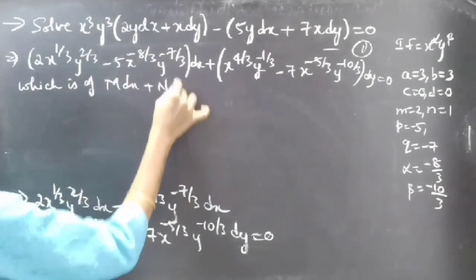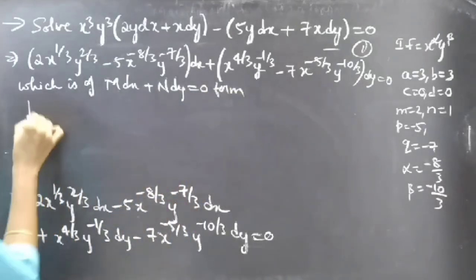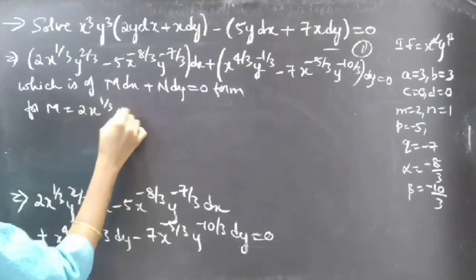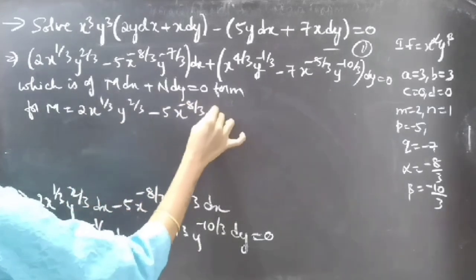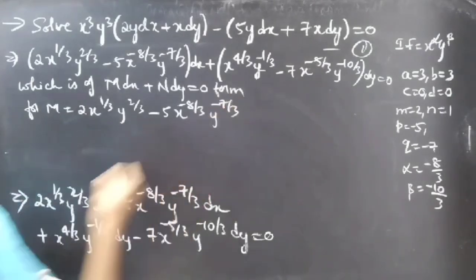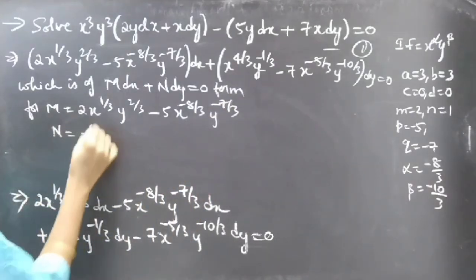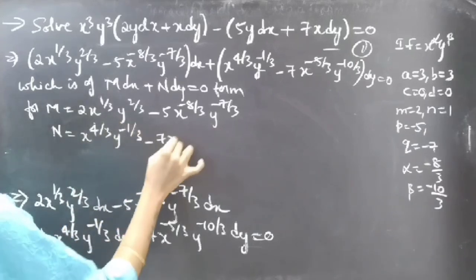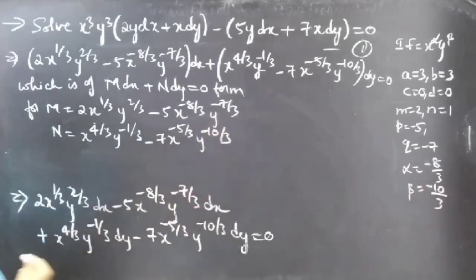Which is of m dx plus n dy equal to 0 form, for m equal to 2x power 1 by 3, y power 2 by 3, minus 5x power minus 8 by 3, y power minus 7 by 3, and for n equal to x power 4 by 3, y power minus 1 by 3, minus 7 into x power minus 5 by 3, y power minus 10 by 3.